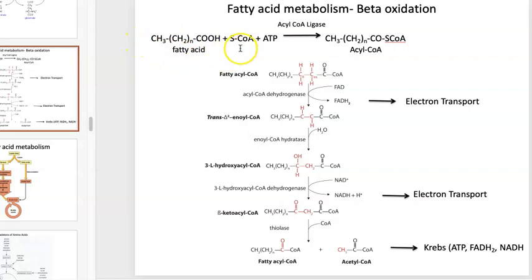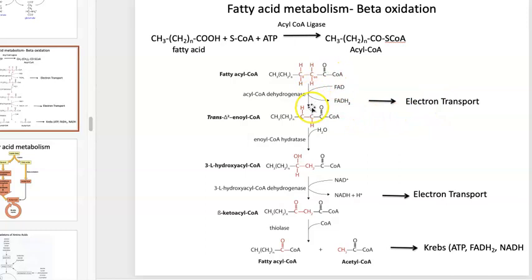And as long as there's a little bit of CoA and energy around, this acyl-CoA ligase can stick these guys on in an energy-dependent way, the CoA onto the terminal end of the fatty acid. And then an acyl-CoA dehydrogenase, as you see here, can oxidize that terminal region here, and again make reducing power in the form of FADH2 that can be sent to electron transport.